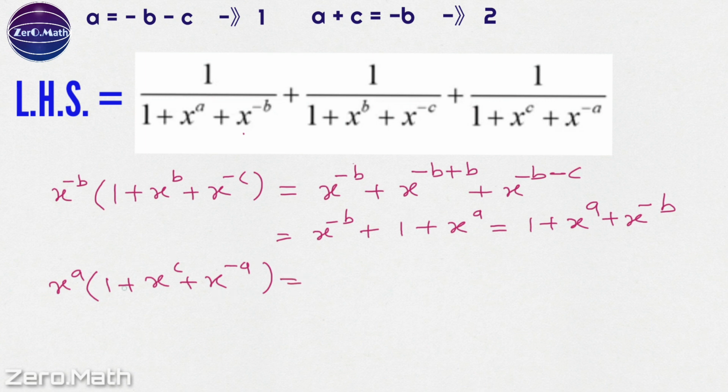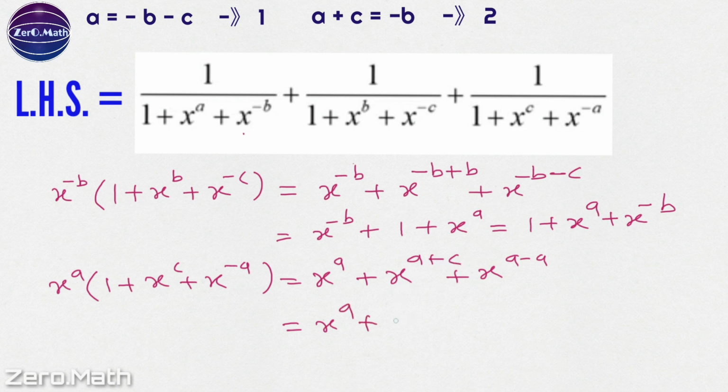So let's multiply and see what we get. It will be x to the power a plus x to the power a plus c. Let's add the powers, and this will be x to the power a minus a. So we can write it as x to the power a plus x to the power a plus c.